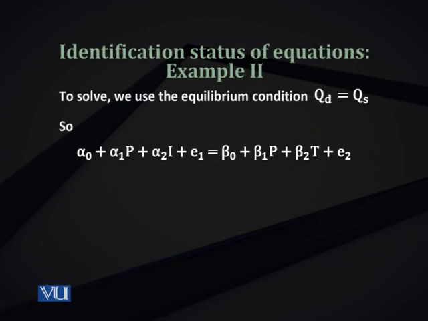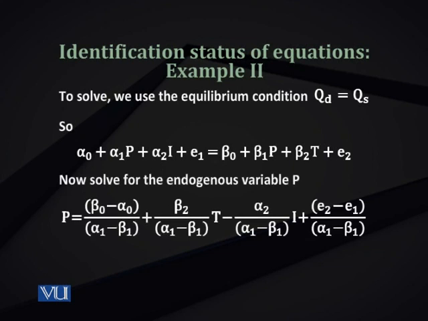Now what we want to do is to find a reduced form for price. We'll just pick up the terms with price and bring them to the left-hand side and bring everything else to the right-hand side, manipulate it algebraically, and we'll arrive at an expression that you are seeing on the screen, a long one. P is equal to beta naught minus alpha naught divided by alpha 1 minus beta 1, plus some expression into T, minus some expression into I, plus some expression that contains residuals E2 and E1.